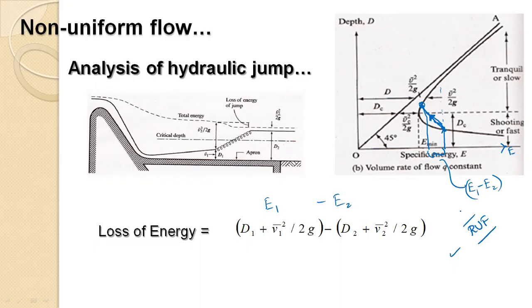I think I have shared with you the first assignment, and that assignment contains a few questions on uniform flow, non-uniform flow in rapidly varied or gradually varied conditions, and when you have certain obstructions along the channel, drops, etc., and how flow changes from one condition to the other.